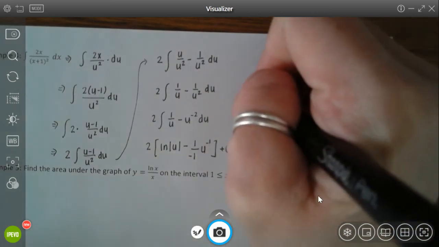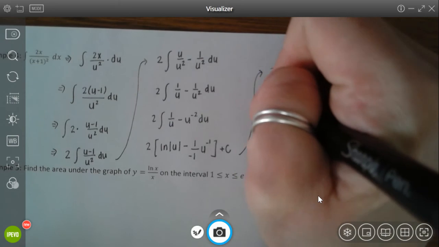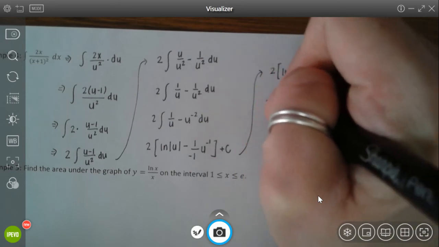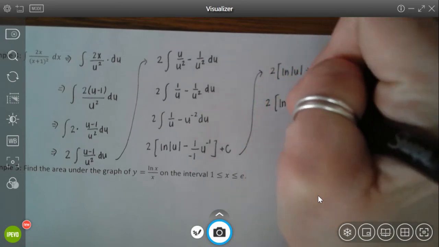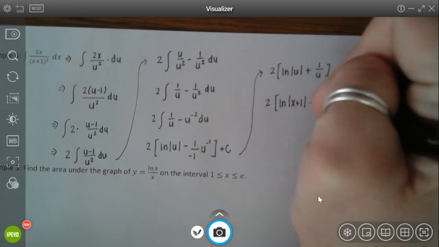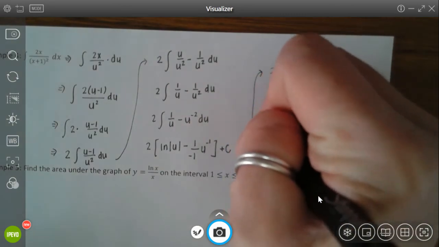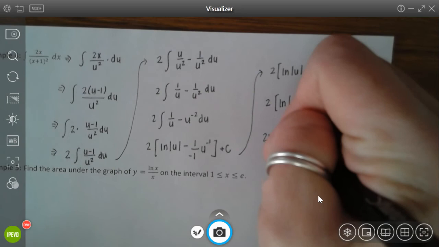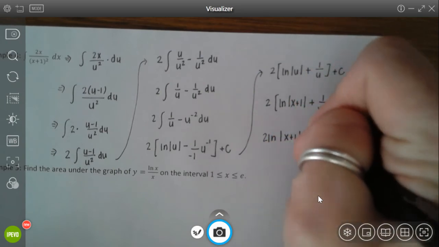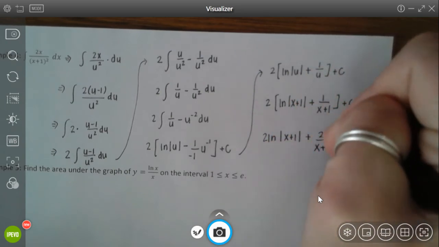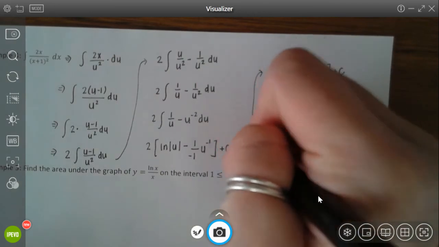So 2 times the ln of the absolute value of x plus 1, plus 1 over x plus 1, plus c. I could also distribute in the 2, so this could be rewritten as 2 times the ln of the absolute value of x plus 1, plus 2 over x plus 1, plus c. And there's my antiderivative.